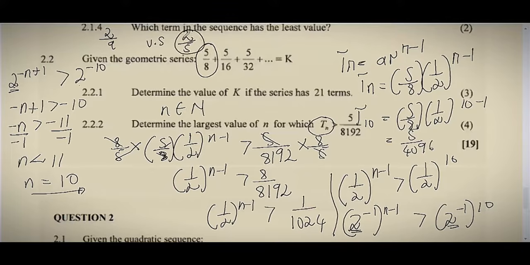It is actually 2 over 5 because it has a smaller denominator. So a smaller denominator makes this a bigger number. So 5 over 4096 is greater than 5 over 8192. So our largest value is definitely n equals 10.